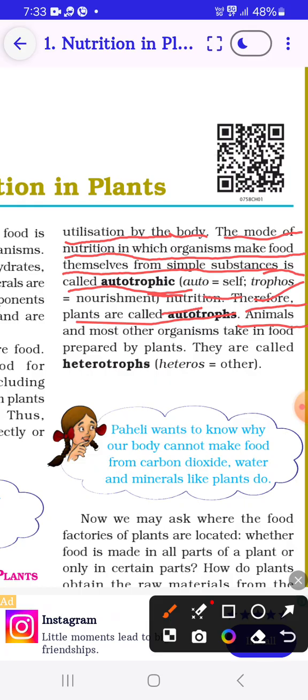Animals and most other organisms take in food prepared by plants. They are called heterotrophs. Hetero means others. Animals eat food prepared by others.